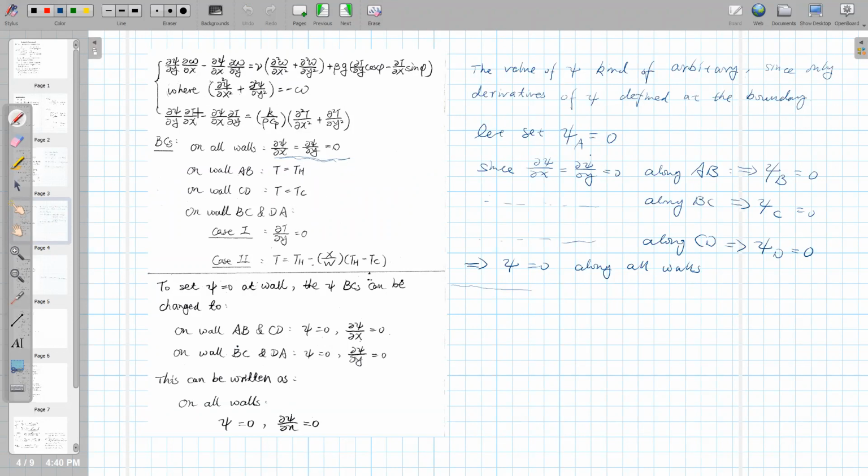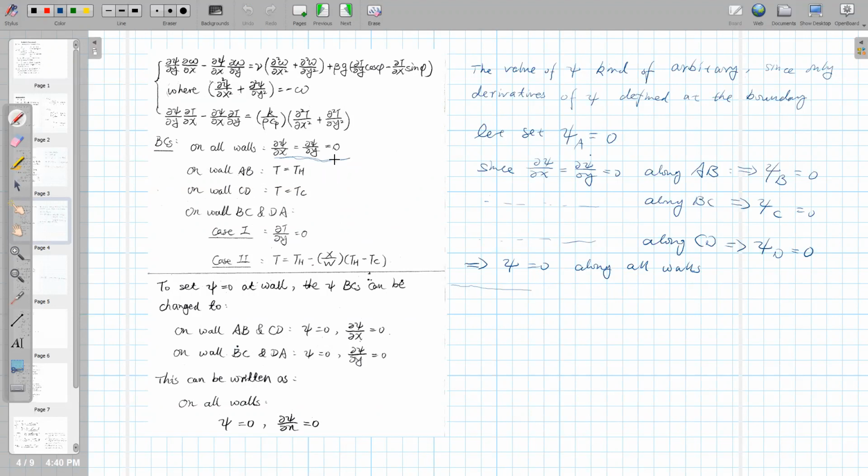The result you get is directly in dimensional form. You do not need to do any post-processing to make it dimensional.